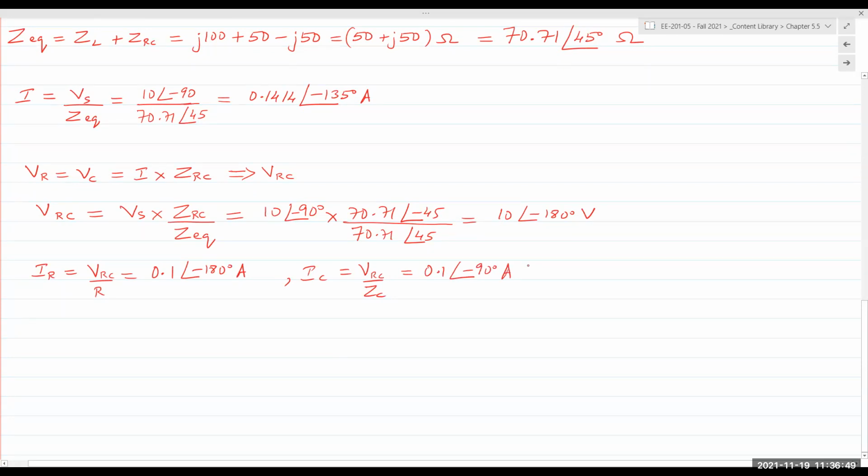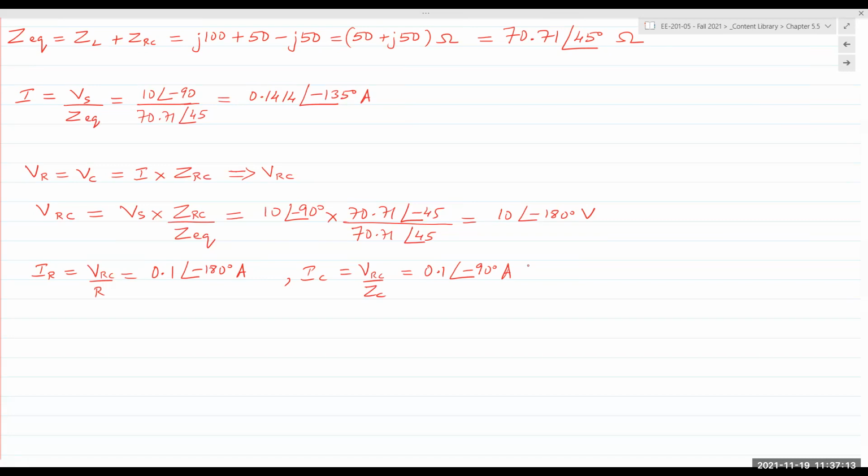So now I have the voltage across the inductor capacitor, the current for the inductor and capacitor. I have the current through the inductor. I can just apply it in the equations and calculate power directly. Note that we do not need to find IR and IC in order to find the power.